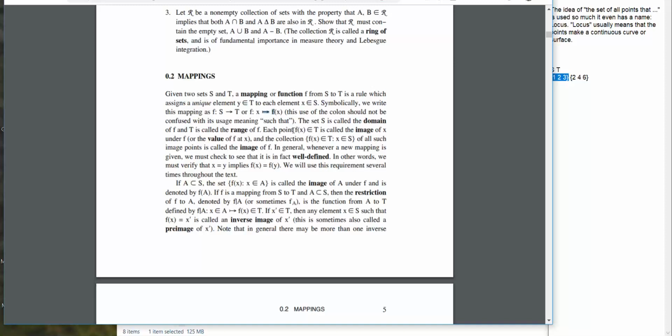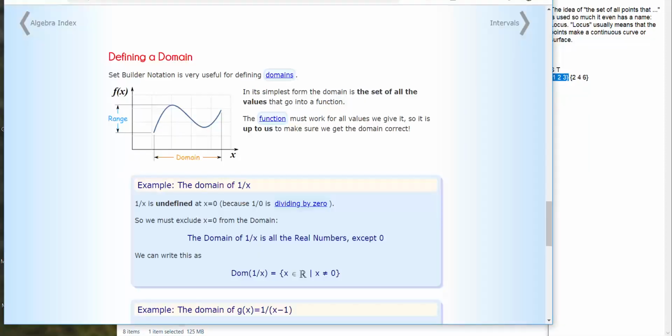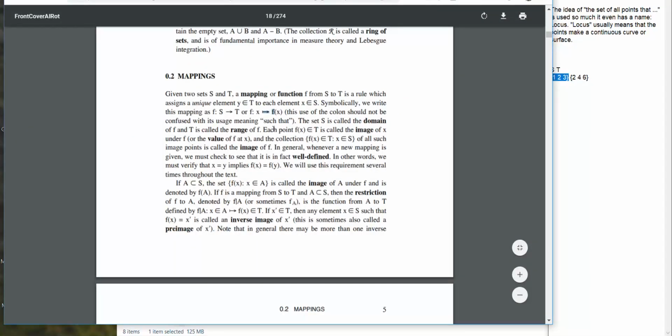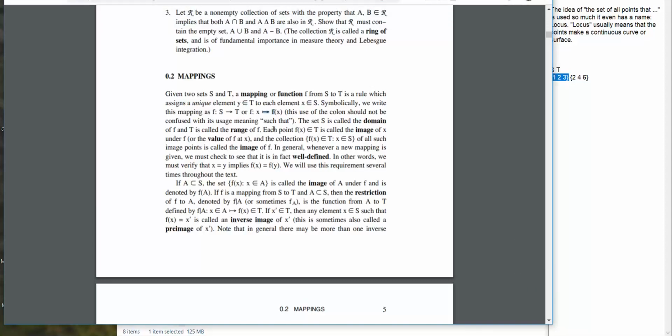Now each point f of x that belongs to T is called the image. Every point you get as a result of applying the domain to the range is called an image. Image of x under f, or the value of f at x, and the collection of f of x belonging to T where x belongs to S, of all such image points, is called the image of f.